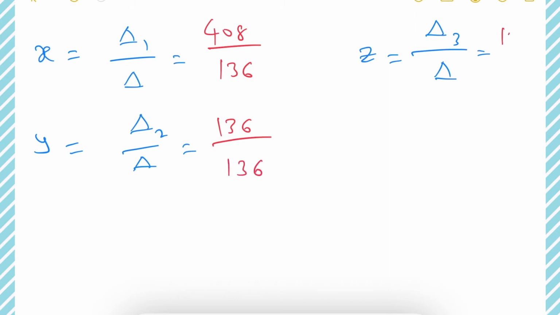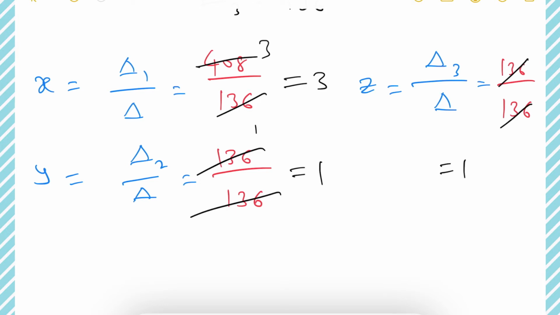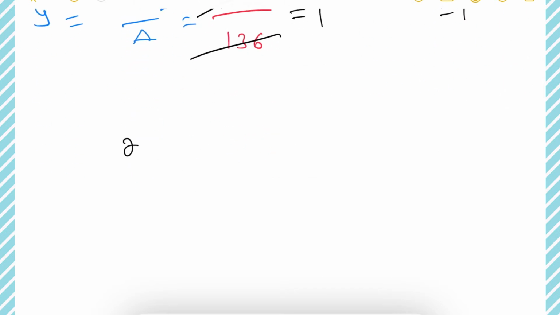Delta 3 also we got as 136 as well as delta 136. So if we simplify this, 136 1s are 136, 3s are 408, so x value is 3. 136 136 cancel, so y value is 1. 136 136 cancel, so z value also 1. So the solution of the given system of equations is x equals 3, y equals 1 as well as z equals 1.